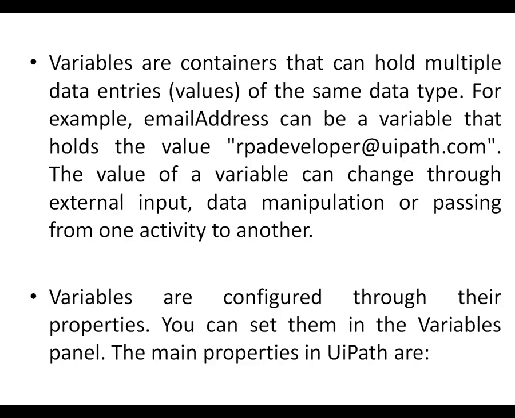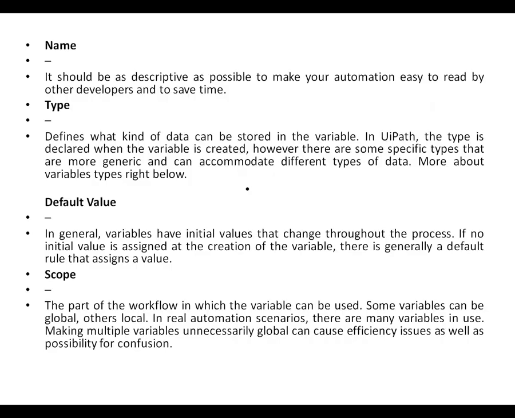So variables are configured through their properties. We can set the variable by using three types. Before that, you should know the different conventions of naming, and what are type, default value and scope in variables. So the name should be descriptive. Suppose you are defining an email variable, so the name of the variable should be email id.